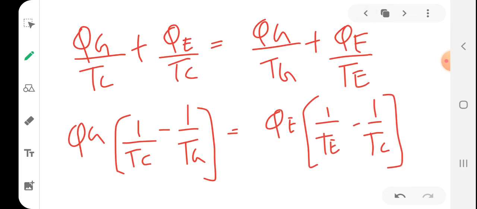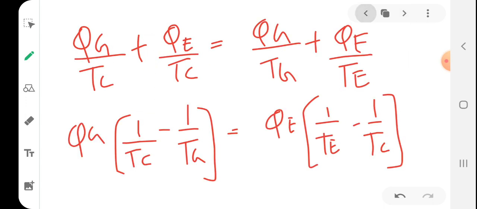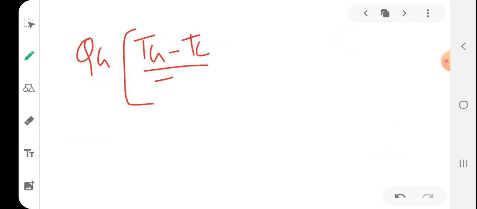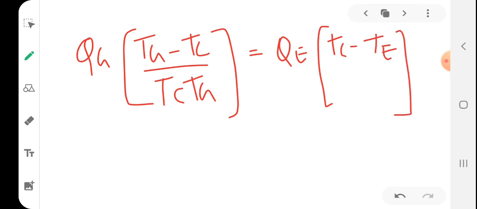This can be written as QG into (TG minus TC) by TG TC equals QE into (TC minus TE) by TE TC, right?